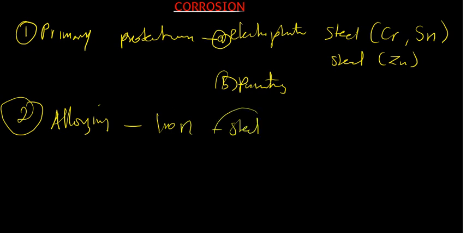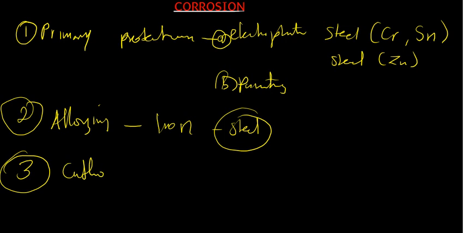Steel is an alloy of iron, because steel is made up of iron, chromium, phosphorus, sulfur, and such. So alloying makes metals much stronger. When they become much stronger, they are difficult to oxidize, and such protects them. Now, another way of protecting metals is called cathodic protection.